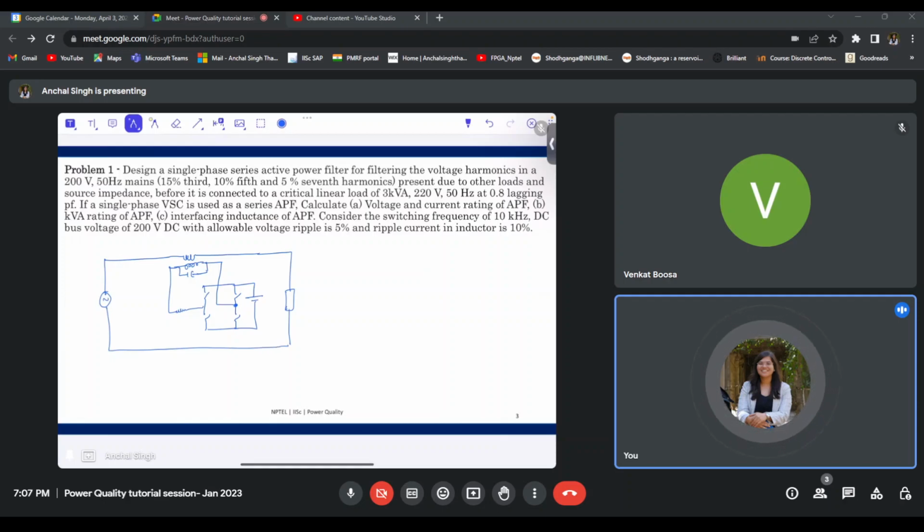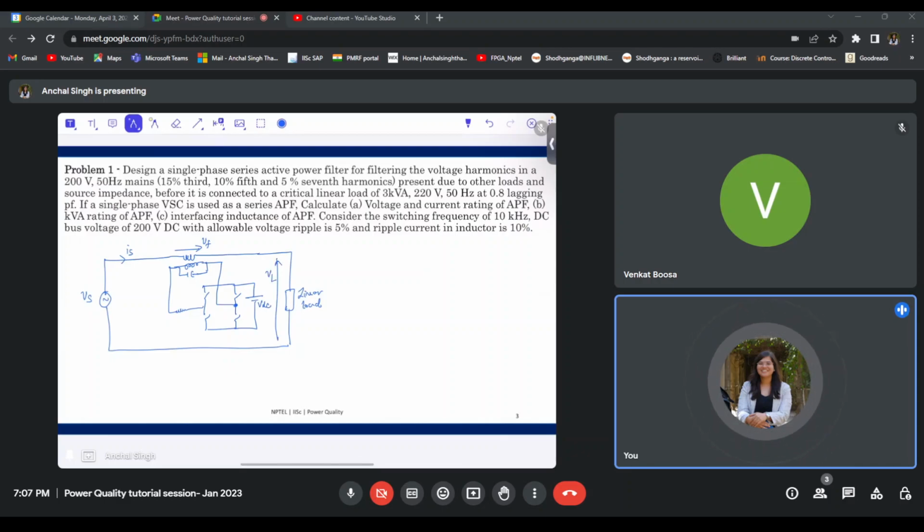And this is a linear load in the given question. IS, VS, let us say this voltage is VF, and the voltage of this, let us say this is VDC, and the voltage across load is say VL.